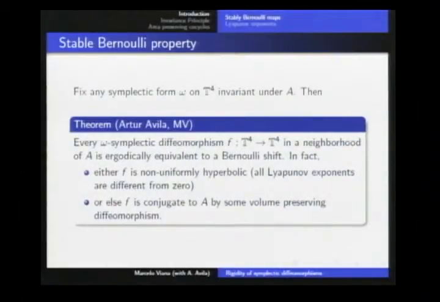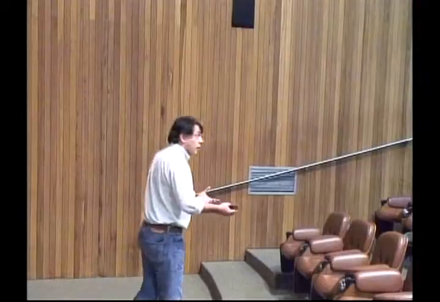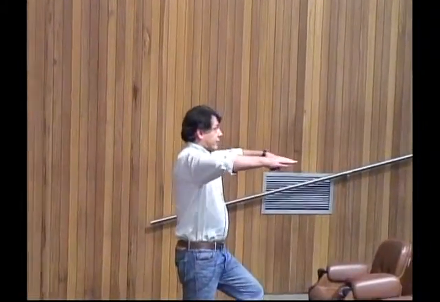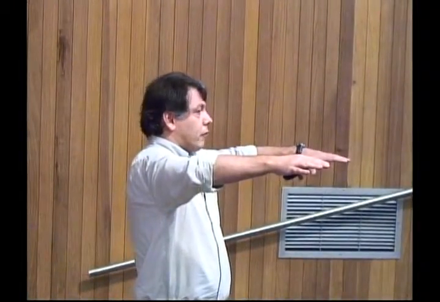The conjugacy is by some volume-preserving C infinity diffeomorphism. Both cases exist, yeah, sure. Like in dimension 1. Sure. I mean, the theorem answers your question, right? Either your map is C infinity conjugate to the original one, and of course, that's an infinite codimension submanifold in parameter space.